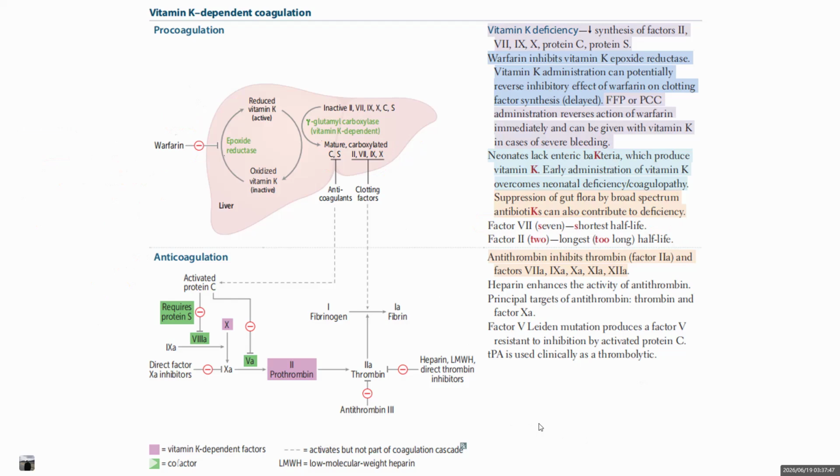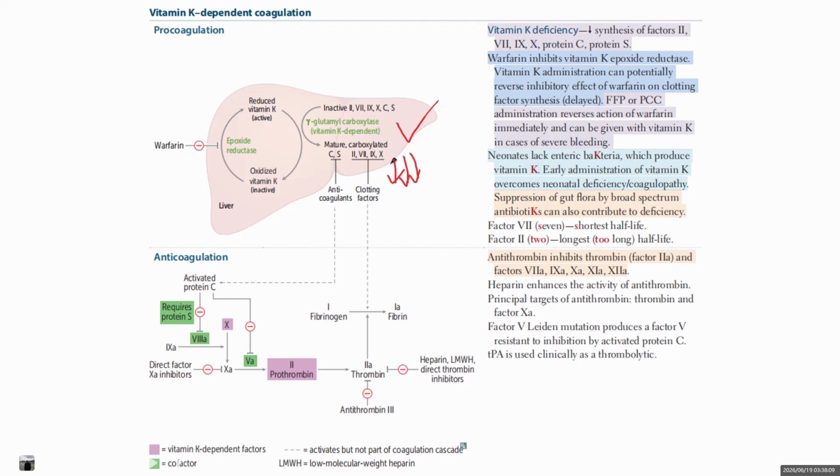Now, if we talk about the reversal situation, what if we give vitamin K? What is going to happen? We are allowing the liver to produce new functional clotting factors again, because you see that warfarin is inhibiting vitamin K, and we are having low functional clotting factors, right?